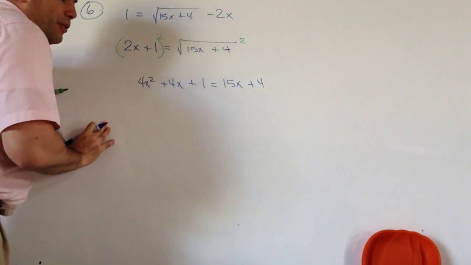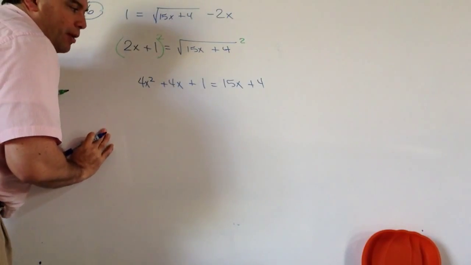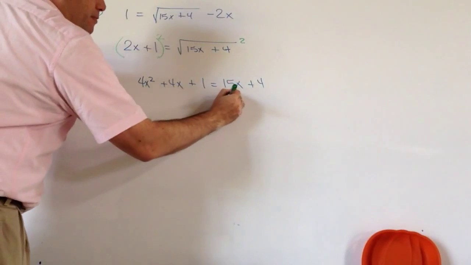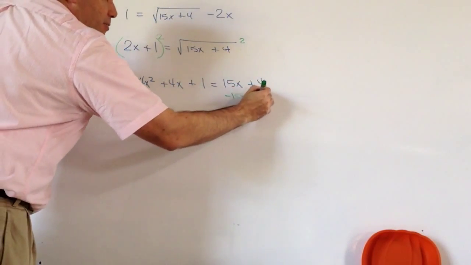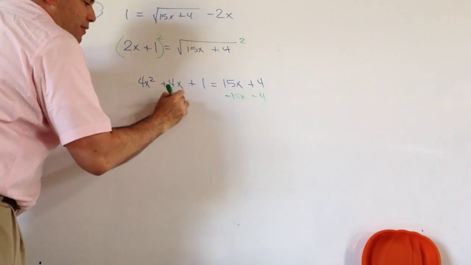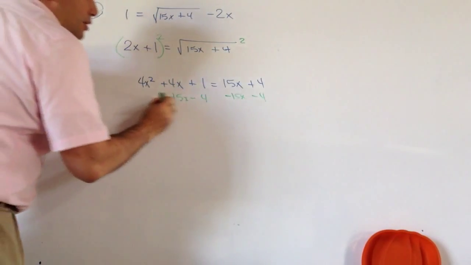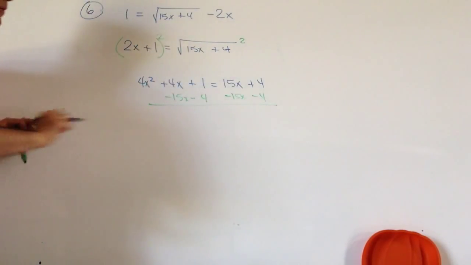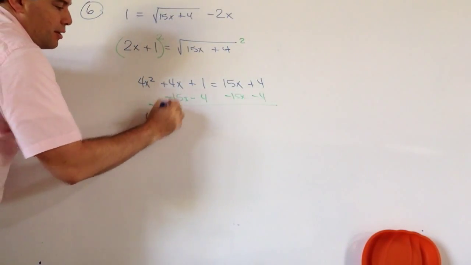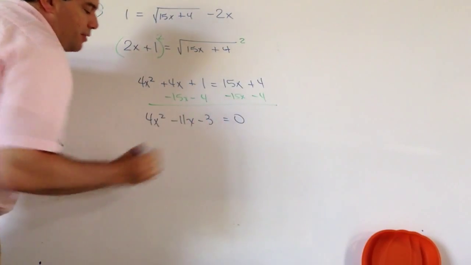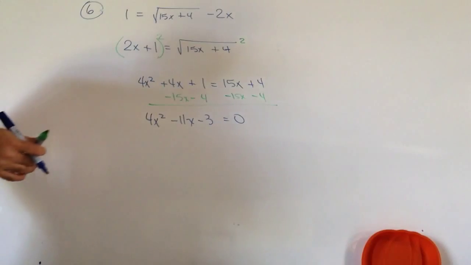Okay, it's a quadratic equation again. So we make one side 0 by subtracting 15x and subtracting 4, and we get 4x squared minus 11x minus 3 equals 0.